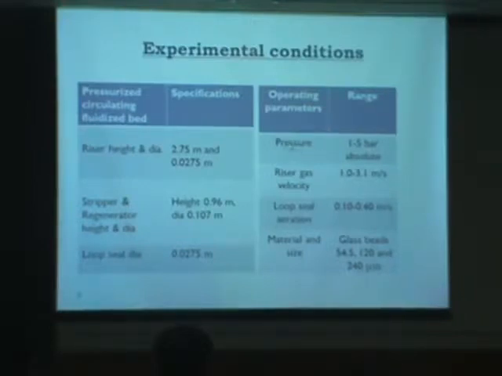For example, pressure was from 1 to 5 bar absolute, riser gas velocity was tested from 1 to 3.5 meters per second, and loop seal velocity 0.1 to 0.4 meters per second. Three different particle sizes were used: 54.5, 120, and 240 micrometer glass beads were tested.